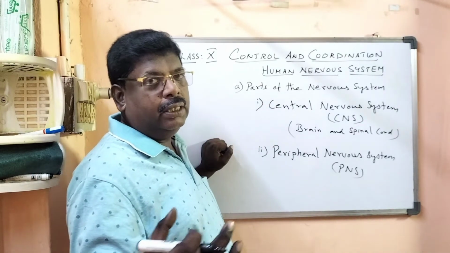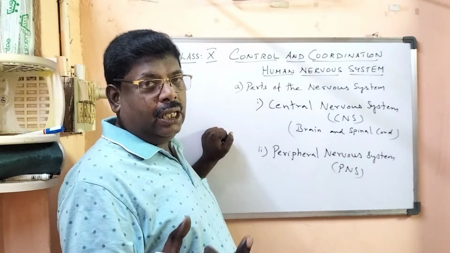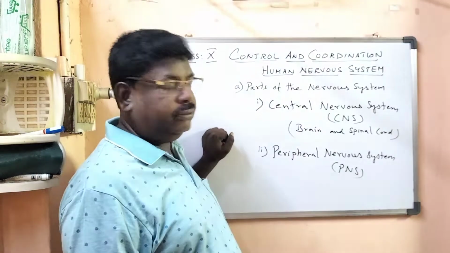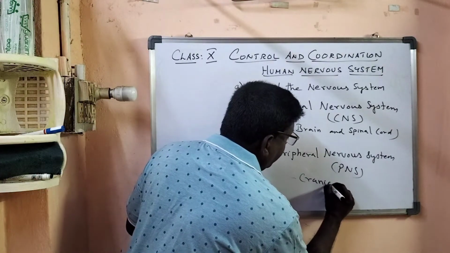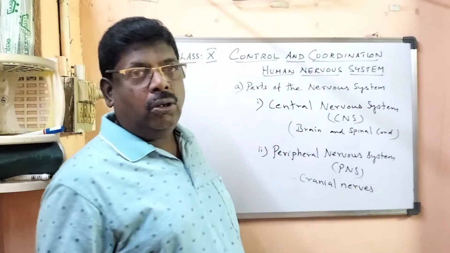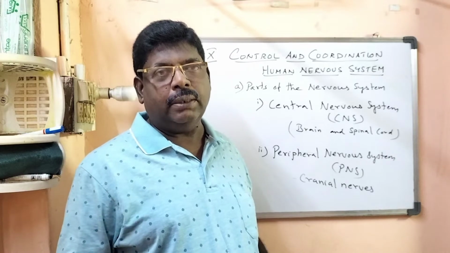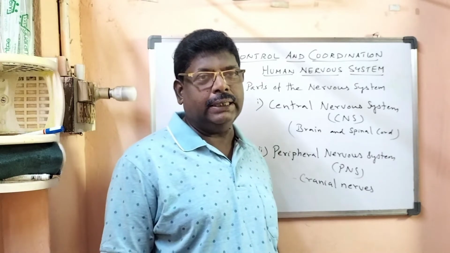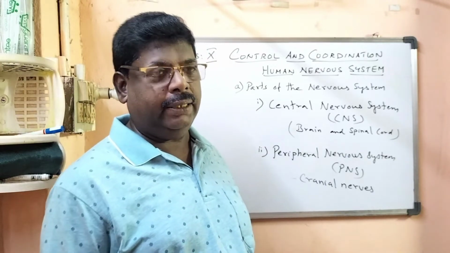The nerves that arise from the brain are called cranial nerves. You all know that the brain is protected by the cranium, it is well protected by the cranium. So we call these cranial nerves, the nerves that arise from the brain.